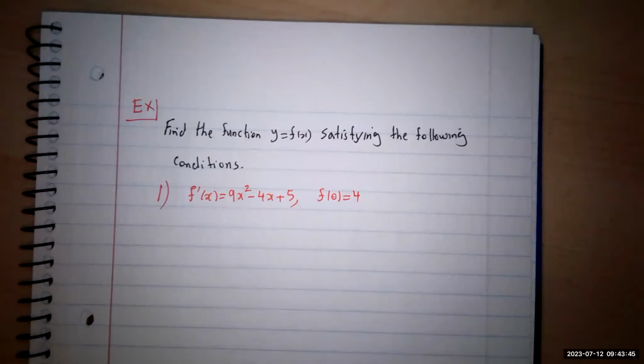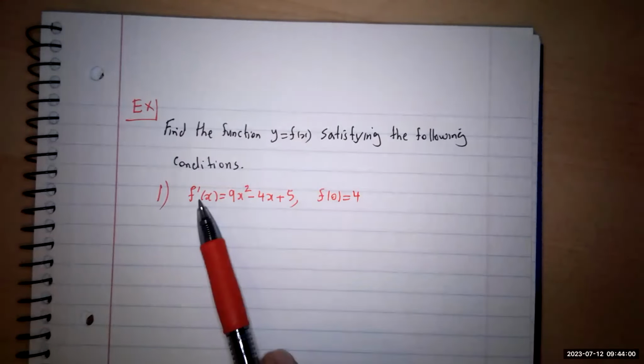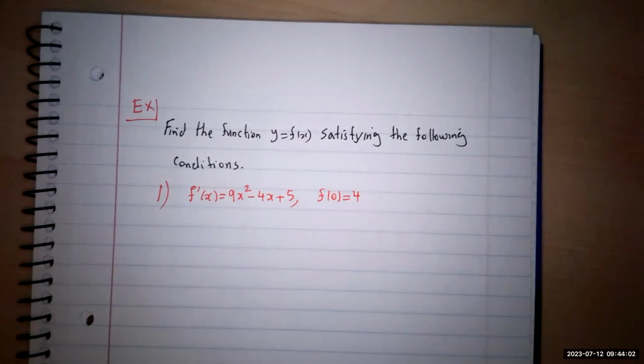Your position function would be f of x. It depends in which context you are going to use these types of ideas. But basically, since you want to recover f of x, you have to integrate. Going back, remember, antiderivative.